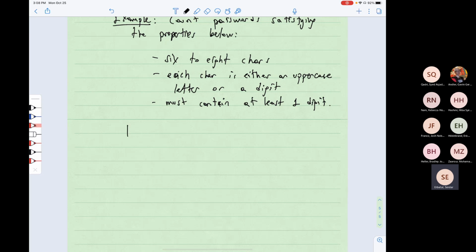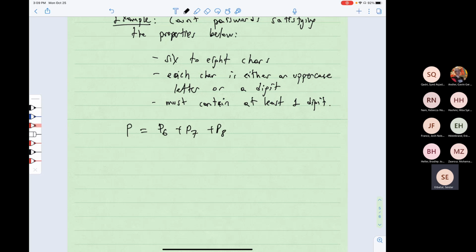If P is the number of passwords that we are seeking, then I can see it as P6, which is the number of 6 character passwords satisfying the conditions, P7 and P8.